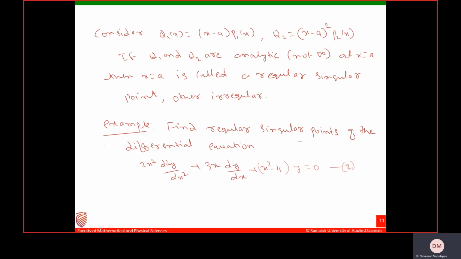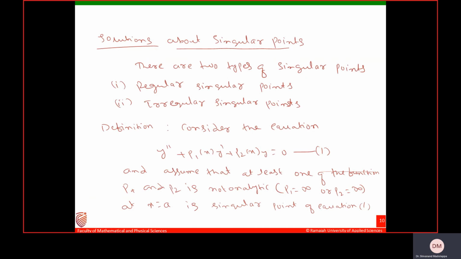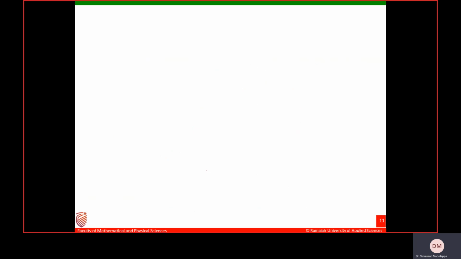Okay. So now we will bring this one into the standard form. Already we know that the standard form equation is y double prime plus p1 of x y prime plus p2 of x y is equal to 0. To identify the regular singular point or irregular singular point, first we have to find the values of p1 and p2, and q1 and q2. q1 and q2 are obtained from p1 of x and p2 of x.